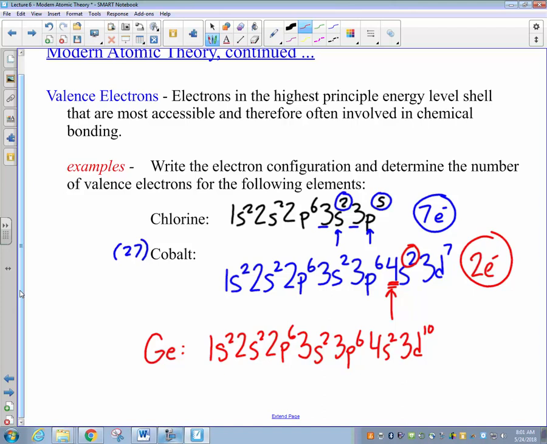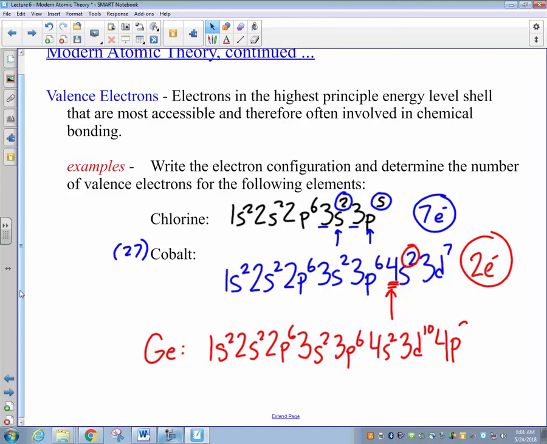Meaning to get to germanium's number 32, all we need to do is in the next energy shell, which is the 4p orbital, we're going to go ahead and put those last 2 electrons in. So for germanium, we have the configuration 1s2, 2s2, 2p6, 3s2, 3p6, 4s2, 3d10, 4p2.